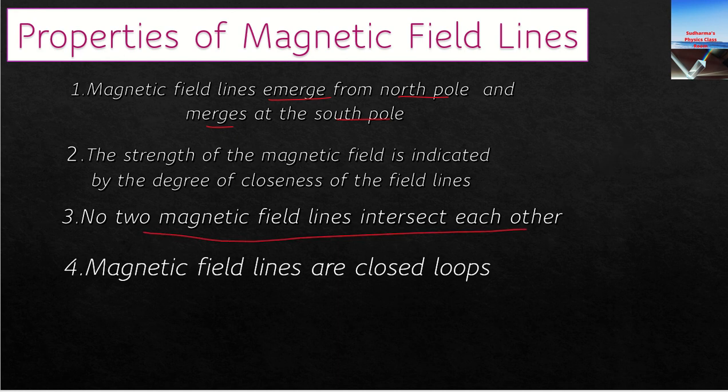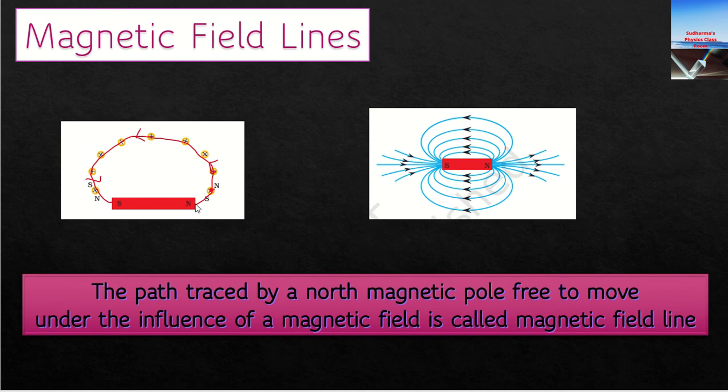So when I'm doing the experiment, I'm going to plot another magnetic field line. By chance, suppose I'm getting a field line like this. Suppose they are meeting at this point. Okay. If they are meeting, this is completely wrong, because we were following the path of the north pole of the compass needle.